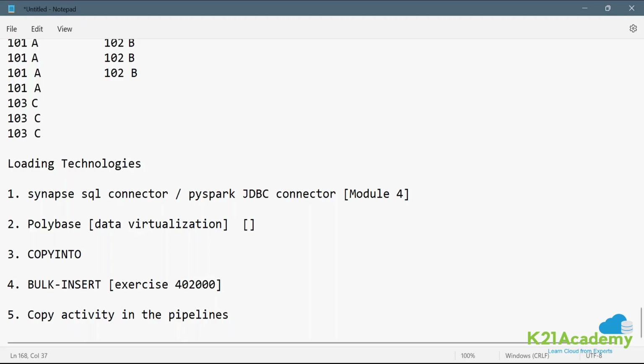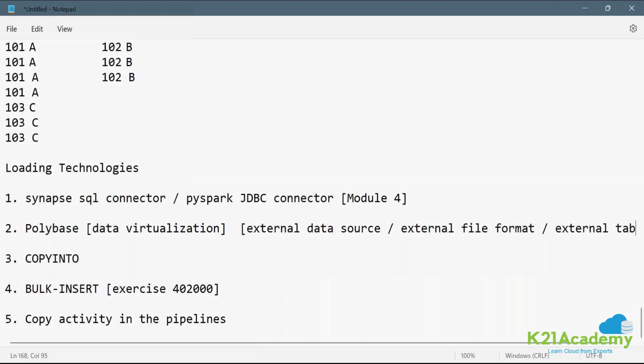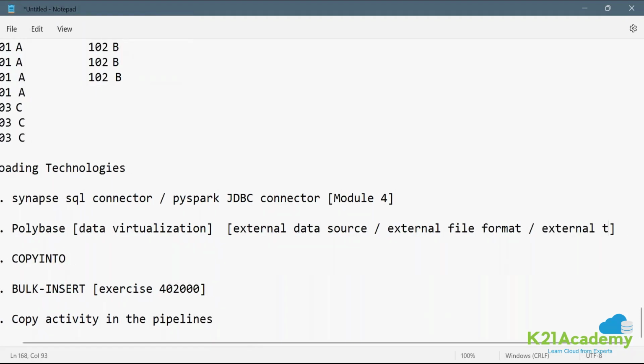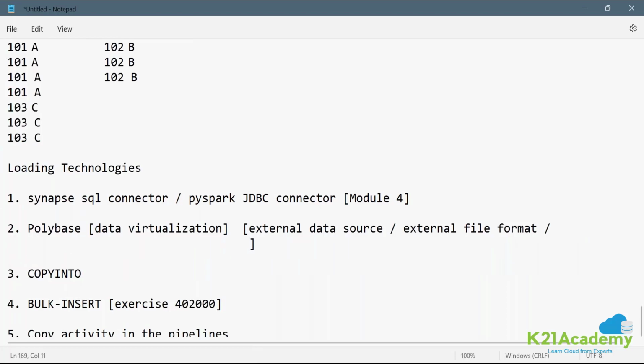What do you mean by that? You know that, right? External data source, external file format, and then external table. Primarily, these are the three metadata objects that are mandatory.